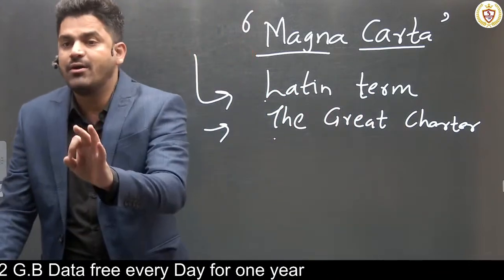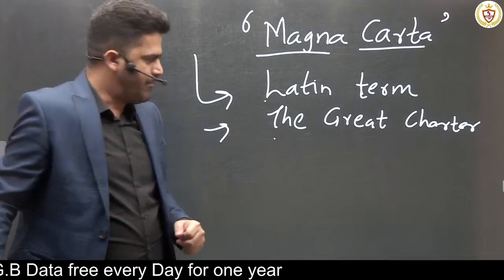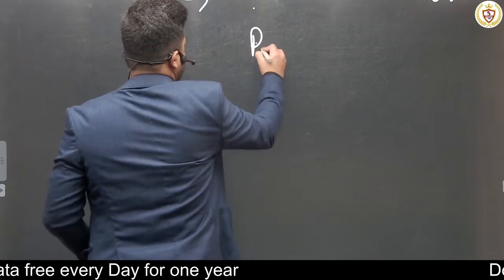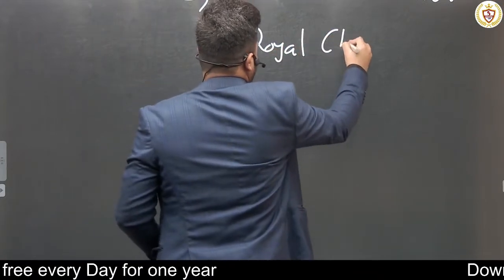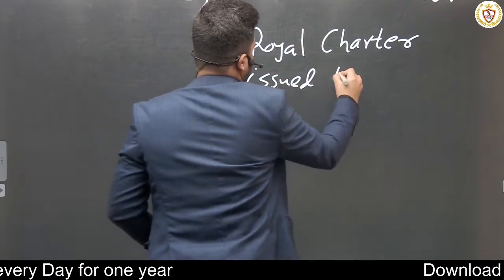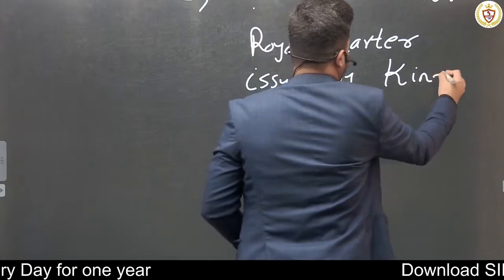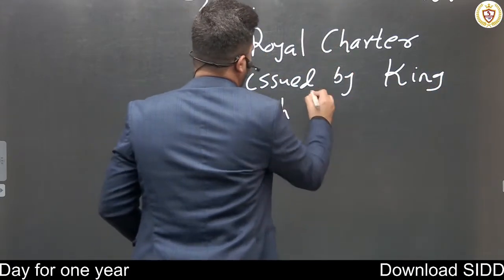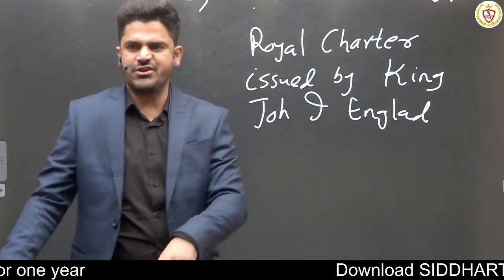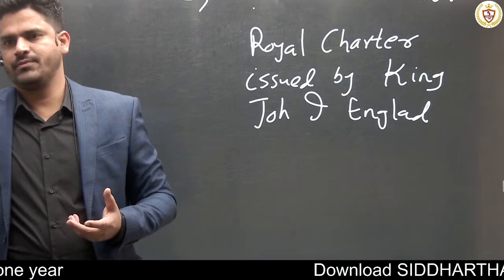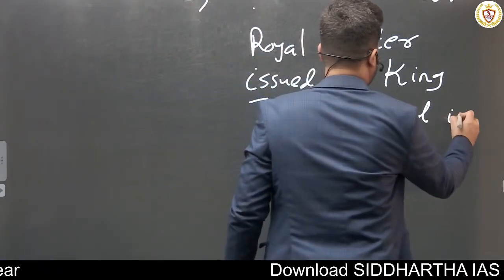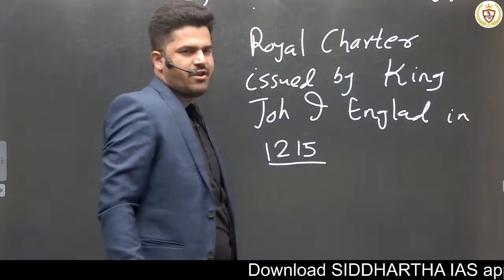Now, Magna Carta was a royal charter issued by King John of England under the pressure from barons in 1215. This year is very important. 1215.